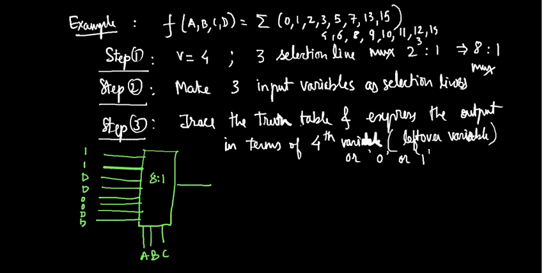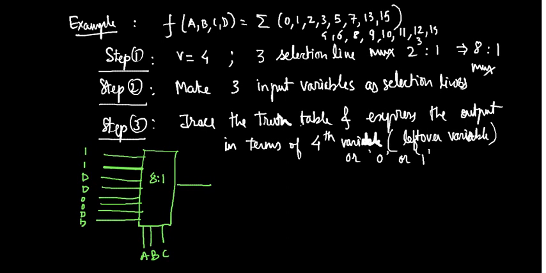You can use 4:1 too. I've just given a generalized procedure. What you need to take away is that you can realize any combinational circuit.